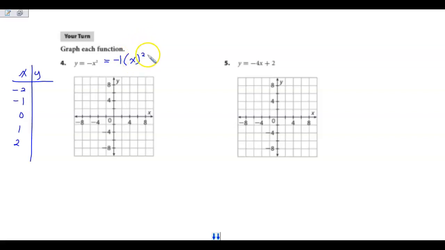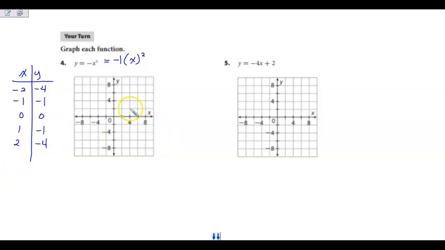So -2 squared is 4. 4 times -1 is -4. -1 squared is 1. 1 times -1 is -1. 0 squared is 0. 0 times -1 is 0. 1 squared is 1. 1 times -1 is -1. 2 squared is 4. 4 times -1 is -4.